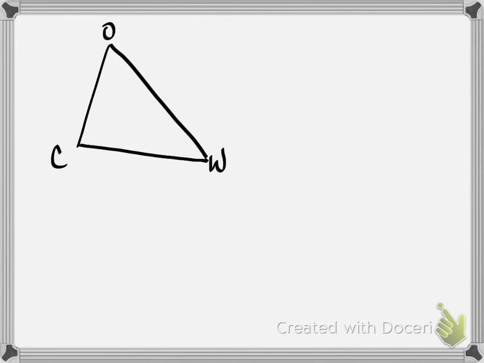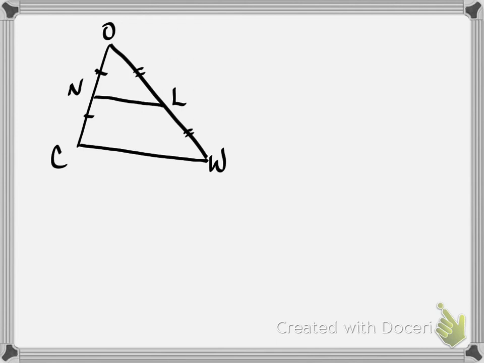I'm going to show you one last one with some algebra, and then we will let you begin your homework. So we'll talk about CLOWN, C-L-O-W-N. These are midpoints. It may not specifically tell you, but if they're marked that way, that's what that means.